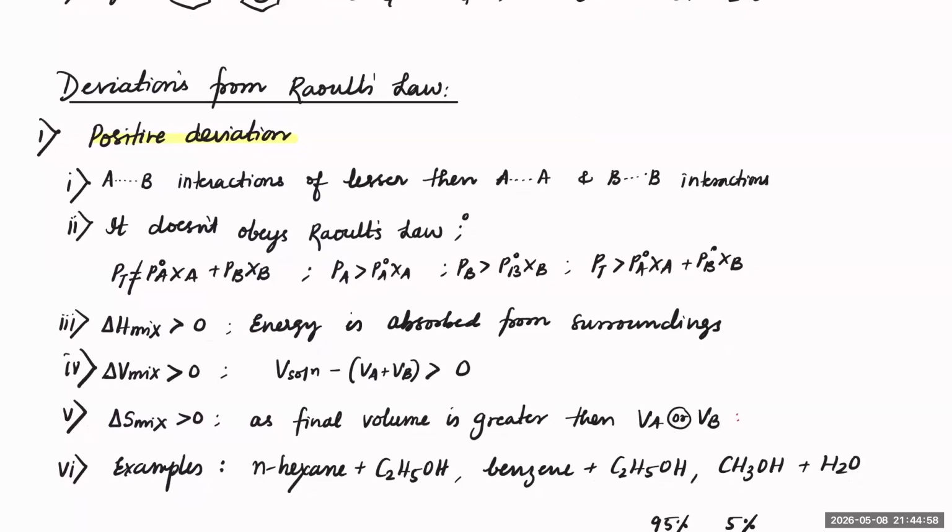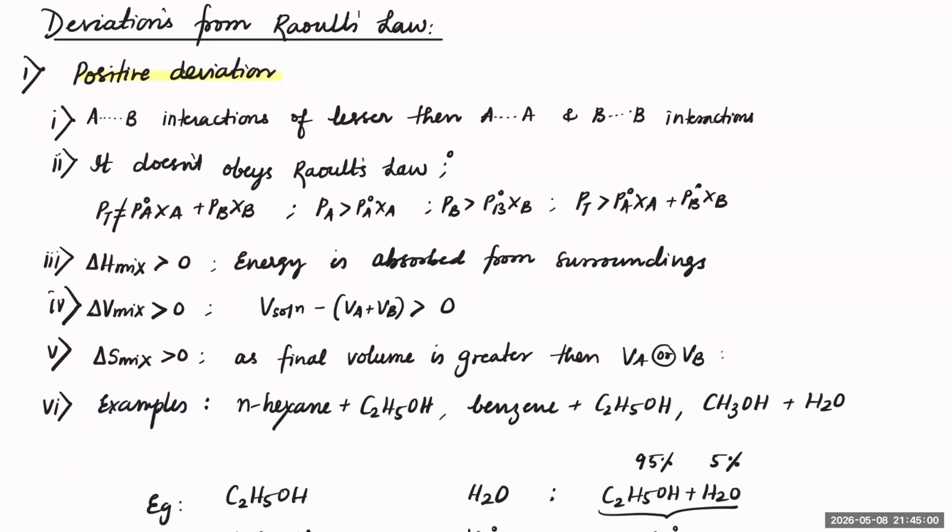Obviously, identifying ideal solutions is very challenging. There will always be some deviations from the ideal solution. We explain this as deviations from Raoult's law, and we express them as either a positive deviation or a negative deviation. First, let's talk about positive deviation.